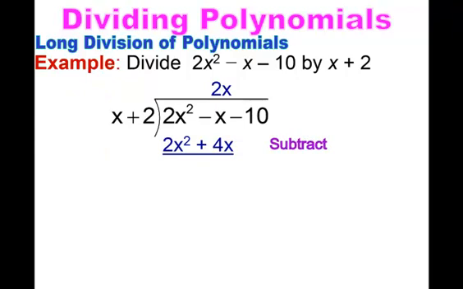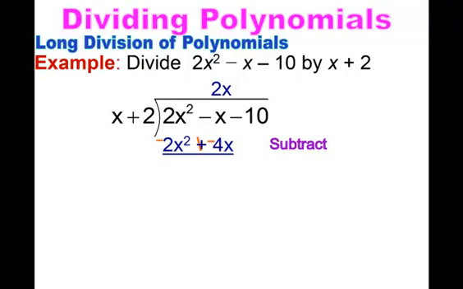When you subtract, though, and we have an expression, you have to be really careful, because really what you're doing is distributing a -1 to the entire expression. So you're changing the signs of everything. So you end up getting a -2x squared, and that plus 2x changes to a -2x. So when you're doing long division of polynomials, don't forget this step.